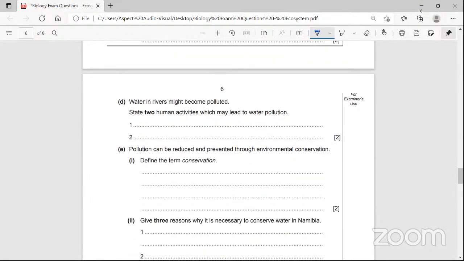Water in rivers might become polluted. Stage 2, human activities which may lead to water pollution. Yeah, I think I'm going to stop using the chat box. Right, now, what 2 human activities do we have? Runoff of chemicals into the river. What else?